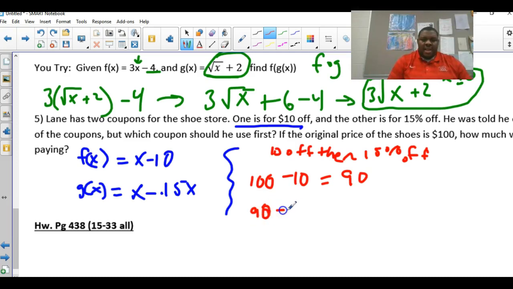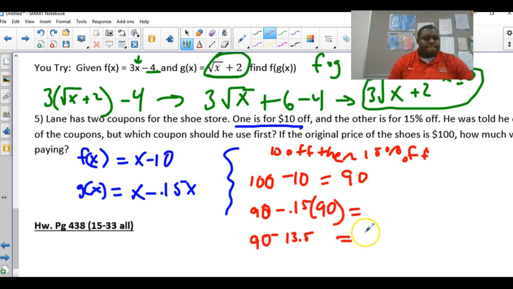So you have 90 minus 0.15 times 90. 0.15 of 90 is 13.5. So 90 minus 13.5 gives us 76.5. If you use the $10 off first and then the 15% off, you pay $76.50.